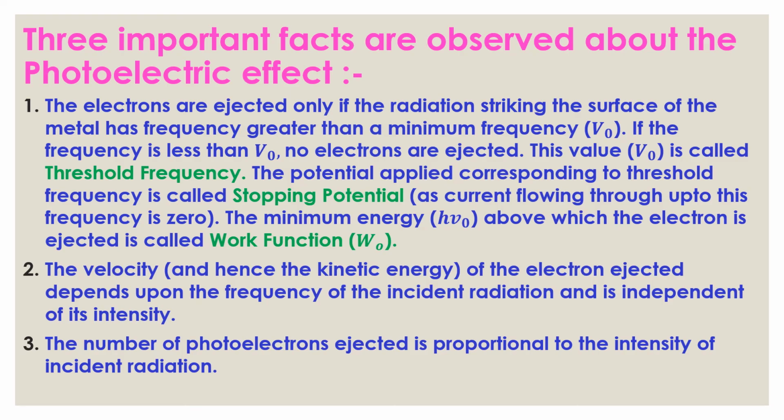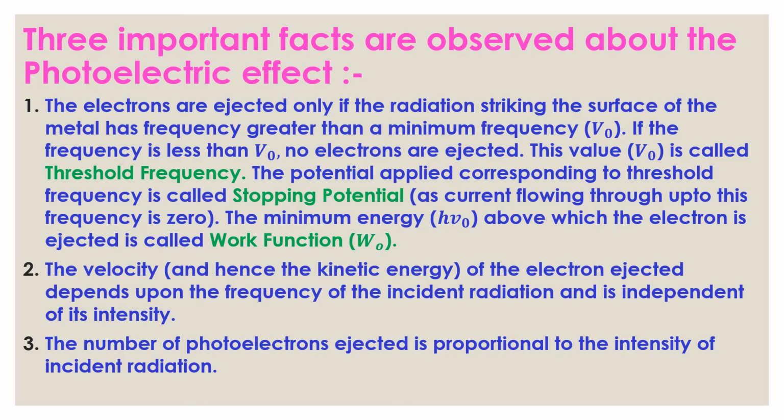According to this theory, since radiations are continuous, it should be possible to accumulate energy on the surface of the metal irrespective of its frequency, and thus radiations of all frequencies should be able to eject electrons. Similarly, according to this theory, the energy of the electrons ejected should depend upon the intensity of the incident radiation.